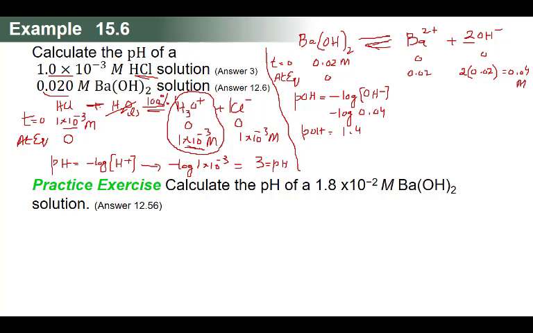Then you can calculate the pH by this formula. pH plus pOH is equal to 14. Your question is pH. So pH will be equal to 14 minus pOH, and that will be equal to 14 minus 1.4, and that is your answer, that is 12.6.